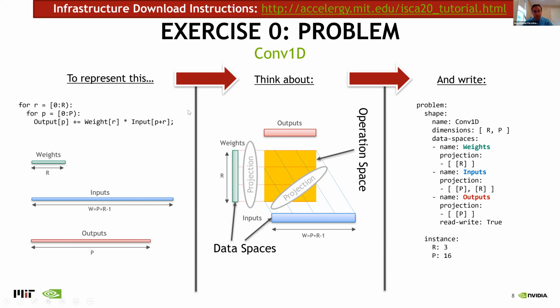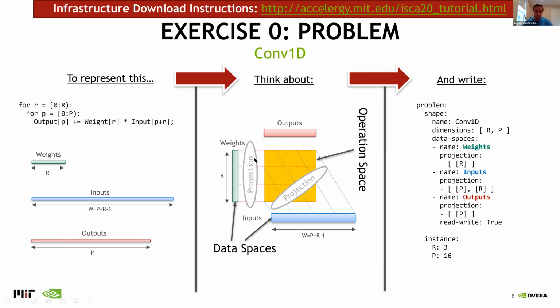Something to think about is that we naturally like to think of things in terms of this loop nest, but as far as the problem spec is concerned, this loop nest is actually overspecified. It's describing an ordering between R and P, with P at the inner level and R at the outer level, when in reality that's not the case.